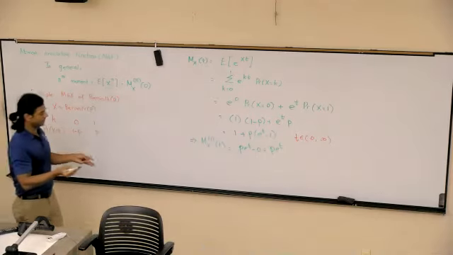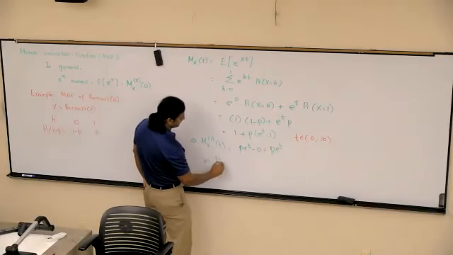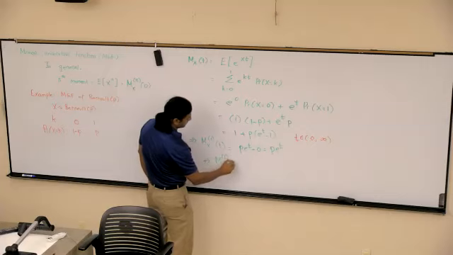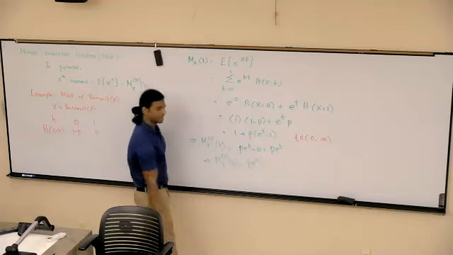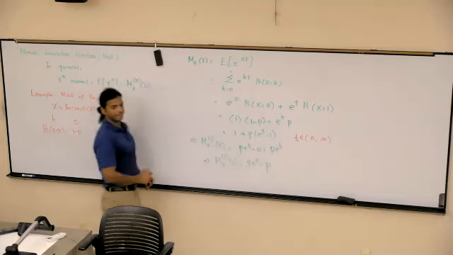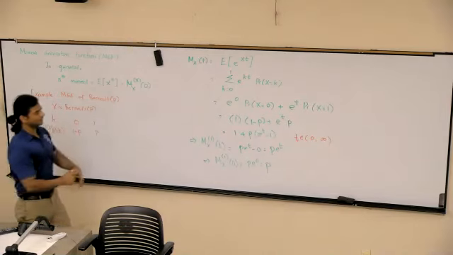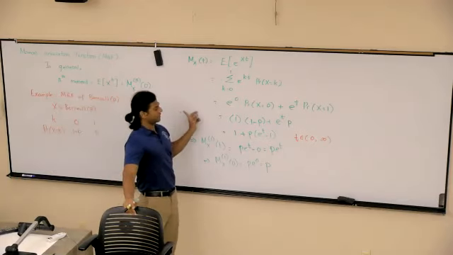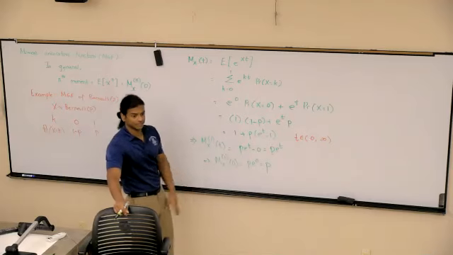And as I plug in 0, p multiplied by e raised to 0, I get p. Just to add, once we move this to the complex domain, it is called the characteristic function.